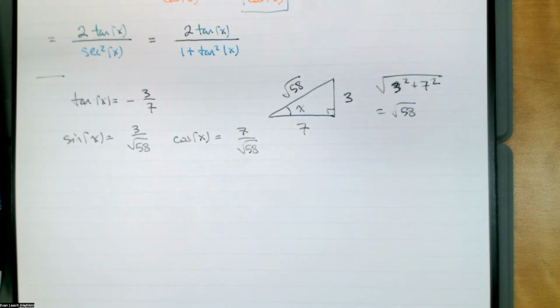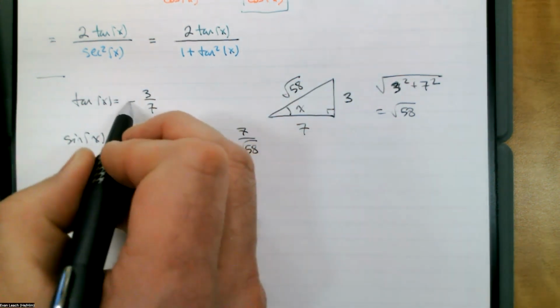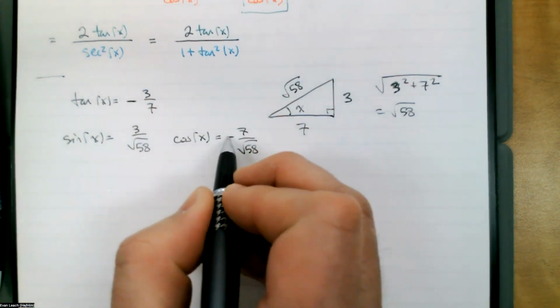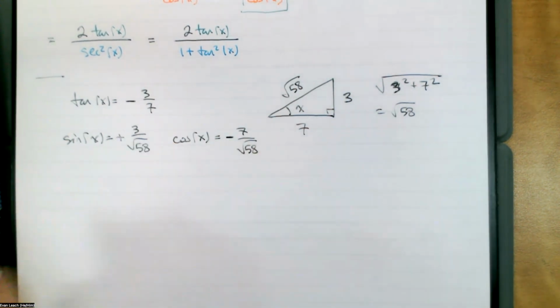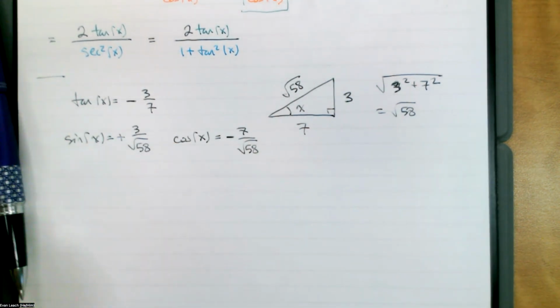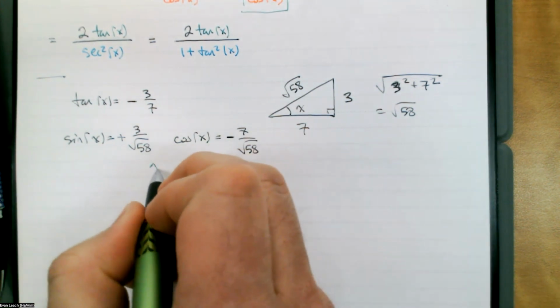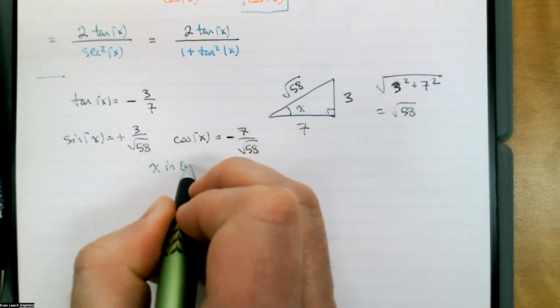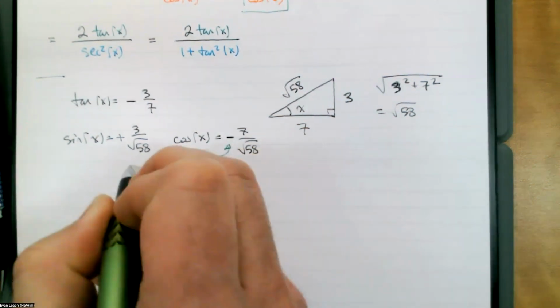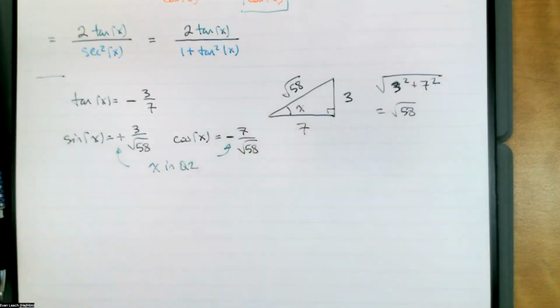In this case, we would have had to remember that we are in the second quadrant, so cosine is negative, but sine is positive. Just leave it as square root of 58. That way we don't have to round stuff off in our calculating.